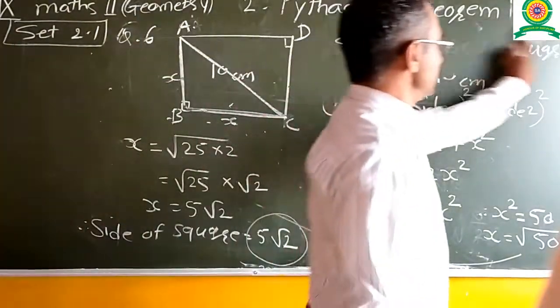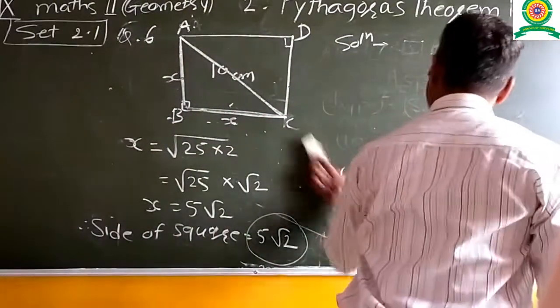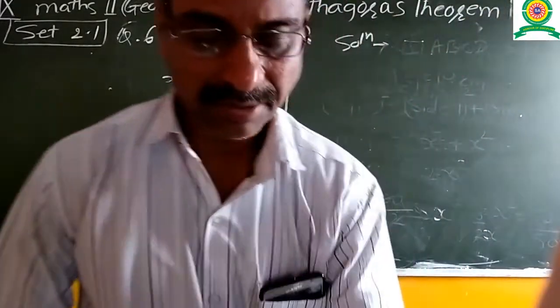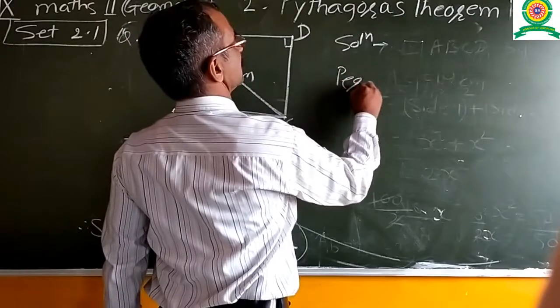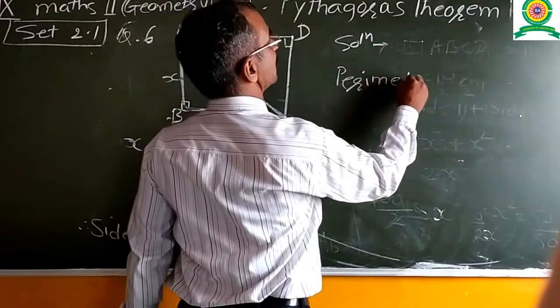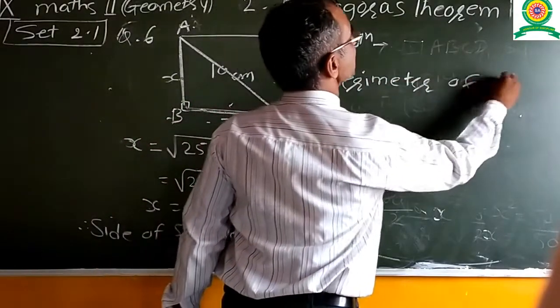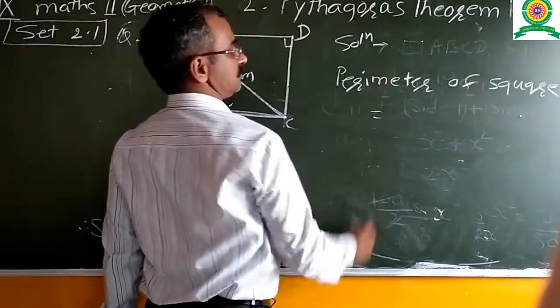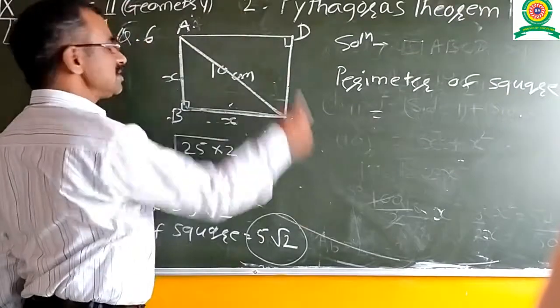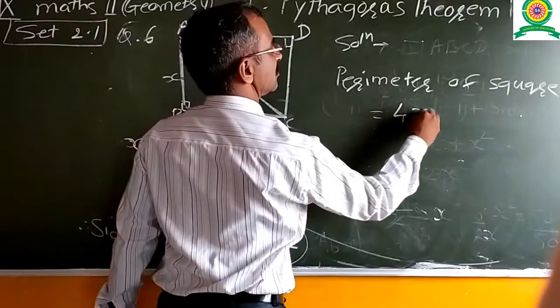So what is the formula for the perimeter of a square? The perimeter of a square means the sum of all sides. Perimeter of a square is equal to the sum of all sides, which means 4 into x.